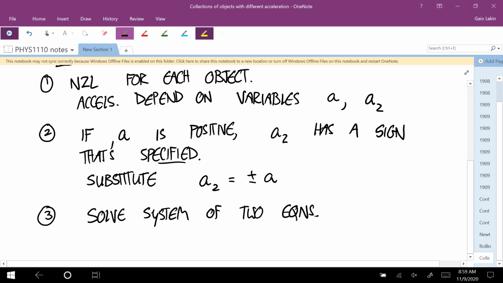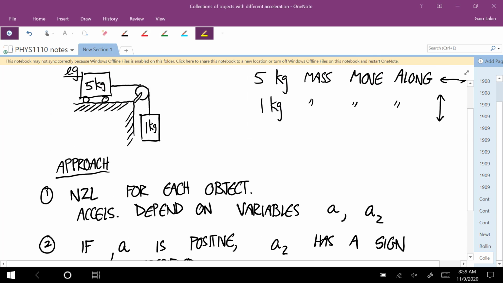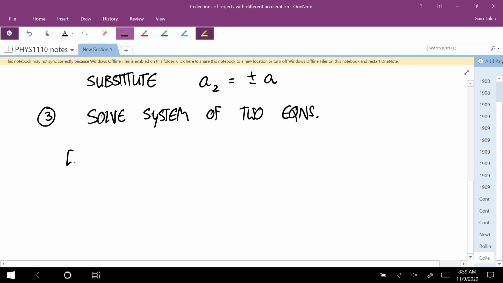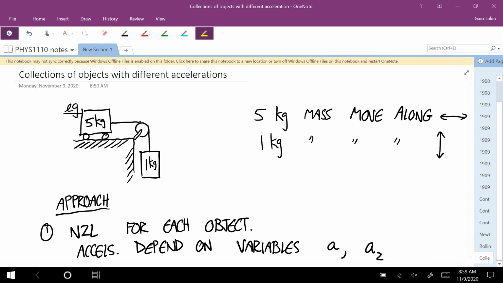Okay, so let me go back to this example that I drew, and we'll see how this works. And one thing I want you to notice is, it's not going to be an issue yet, but these two coordinate systems that you use for those two individual bodies don't have to be the same.